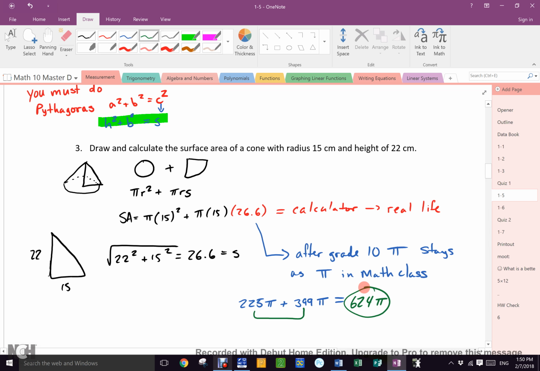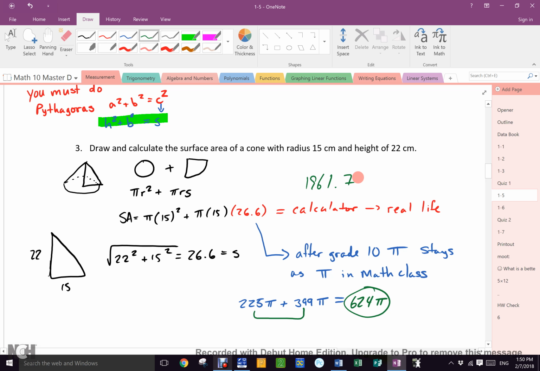Because pi isn't an exact number, yes? It goes on forever. Everybody cool? For me, I don't care. Whichever way you're comfortable with, do that. If you want to leave it as pi, leave it as pi. If you want to get to the 1961.7, whatever it is, do that. I don't care.